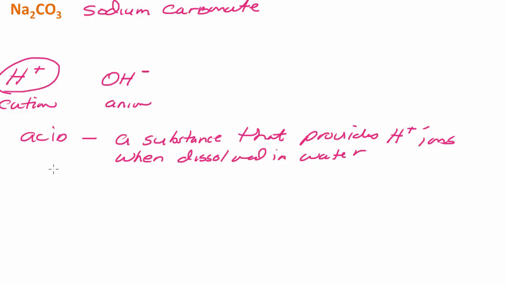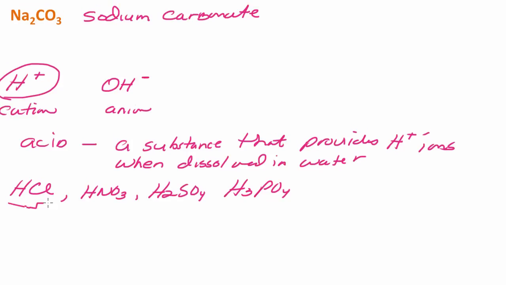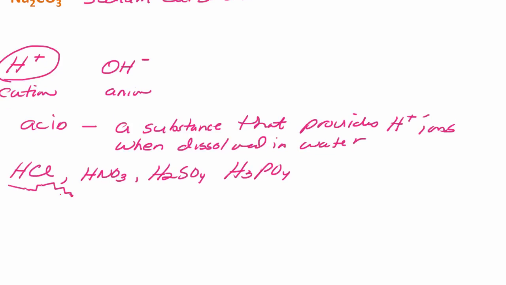And some examples are hydrochloric acid, nitric acid. You probably use these in the lab. Sulfuric acid. Sulfuric acid has these two hydrogens. Okay. And then there's also phosphoric acid. All right. So you need to know these. These are the most common acids. So I do expect you to know the formulas and the names for these.